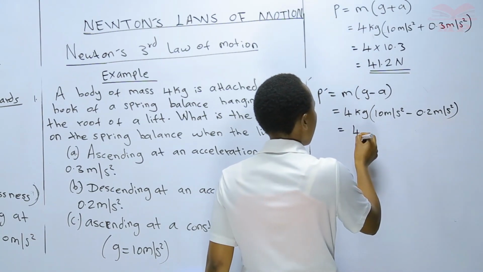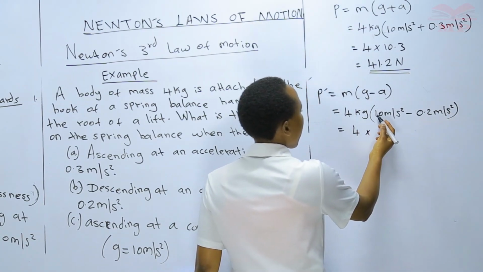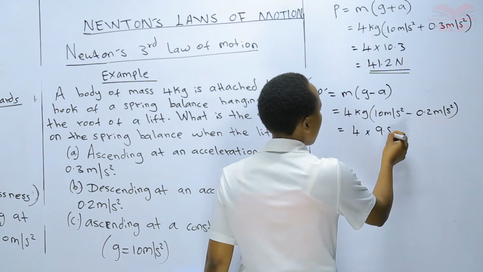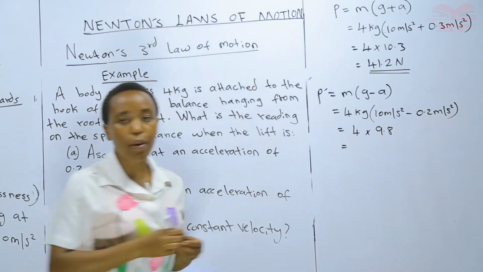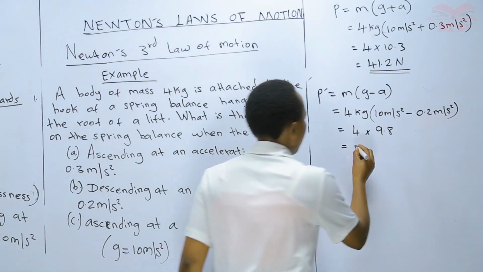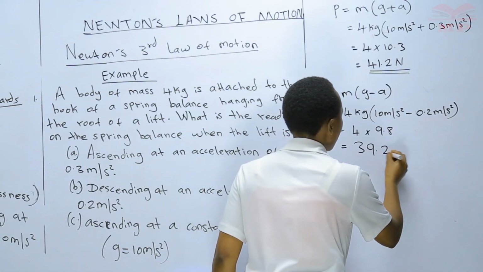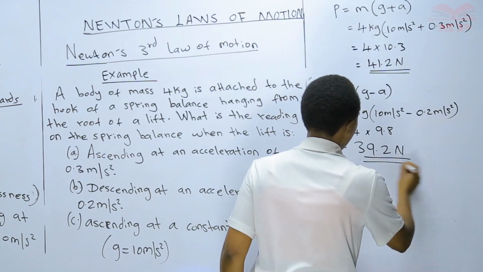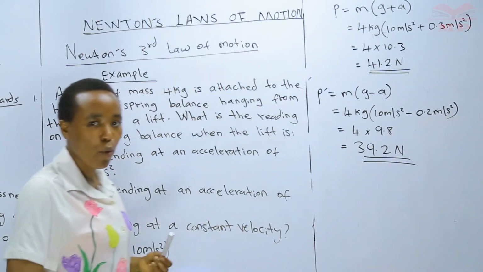So we end up getting 4 multiplied by 9.8, which is 39.2 newtons. That is when it is moving downwards.